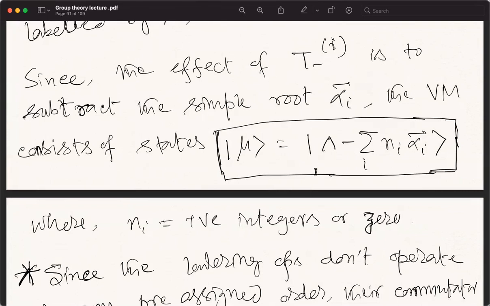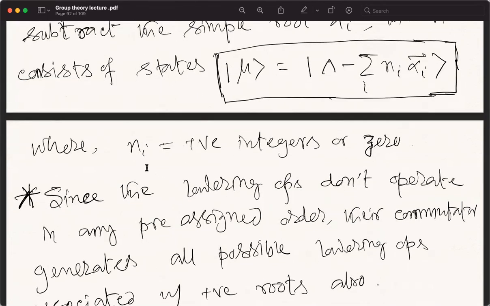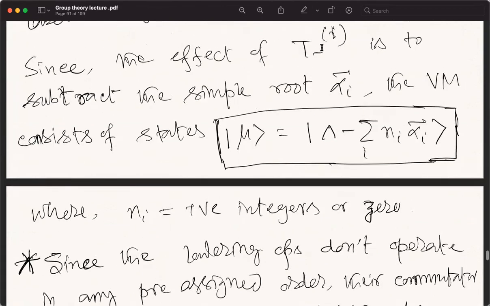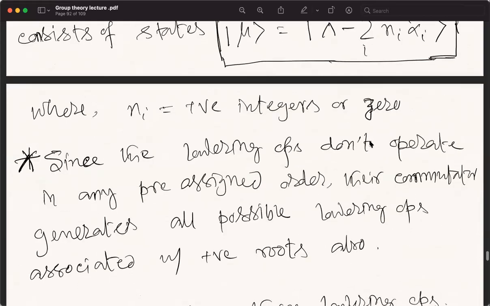This is a collection of all those states. Of course, this ni is a positive integer or 0, which tells you that either this t minus is acting or is not acting for that particular element.